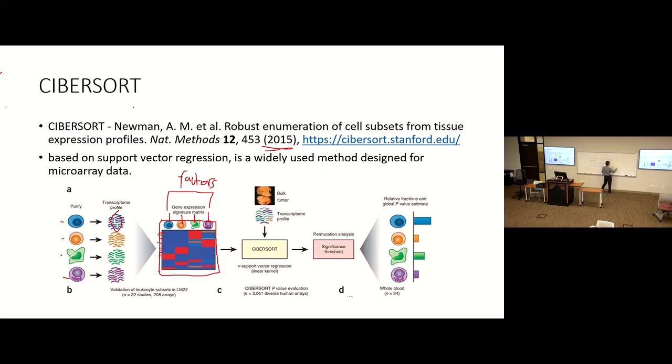The number of genes can be the same, the same set of genes, and in these columns, those are the cell types. So this is U.